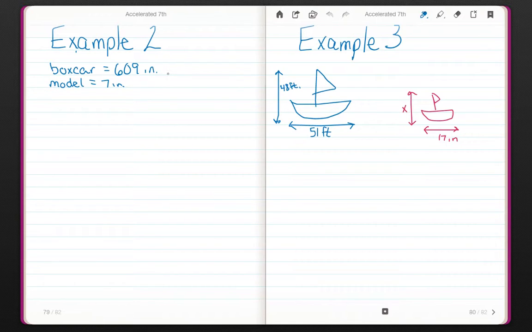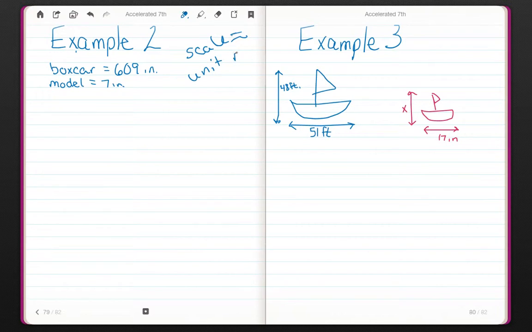So what is the scale to the model? A scale is similar to the unit rate. So in this, my model, 7 inches, represents the full 609 inches. But what would 1 inch represent?